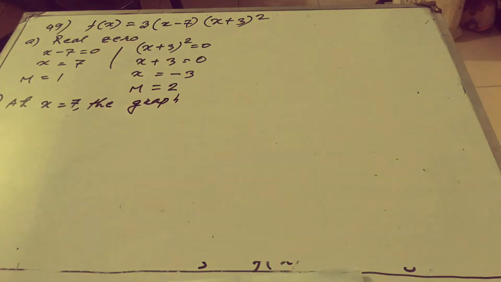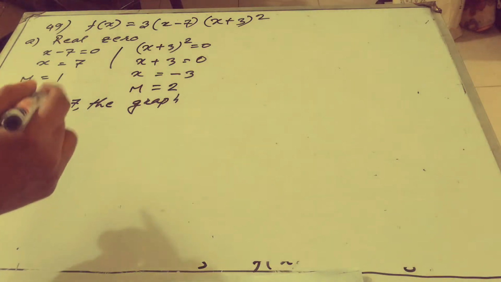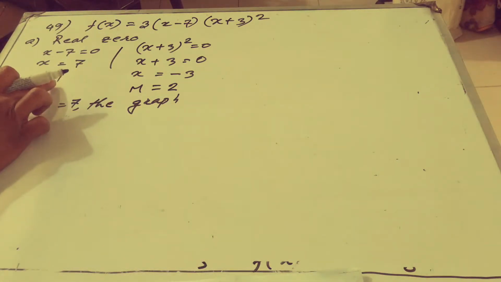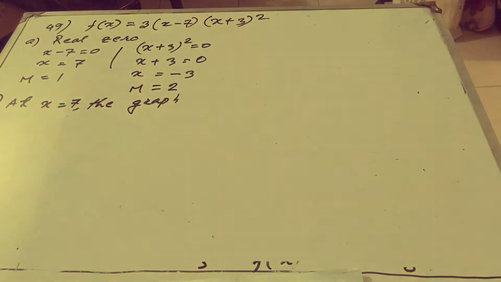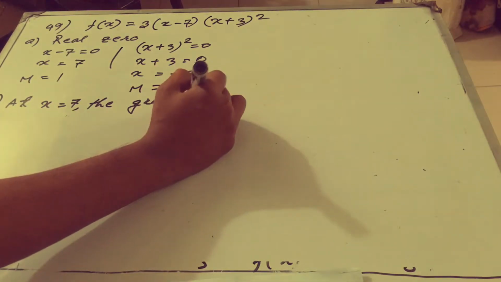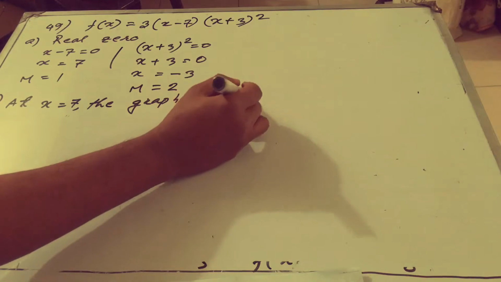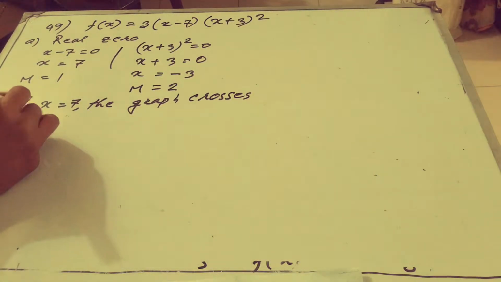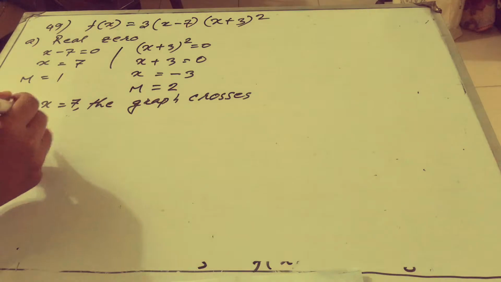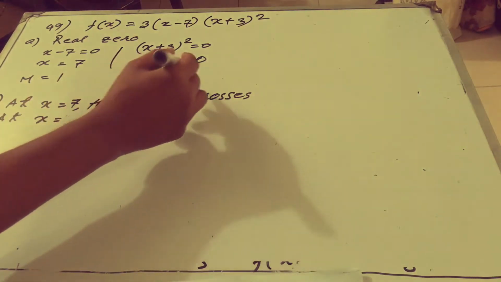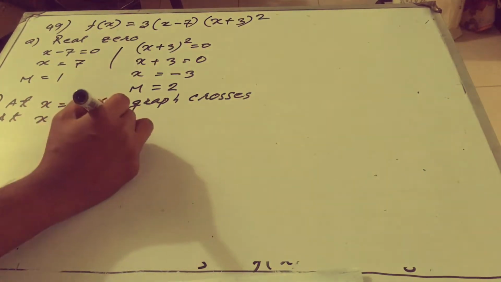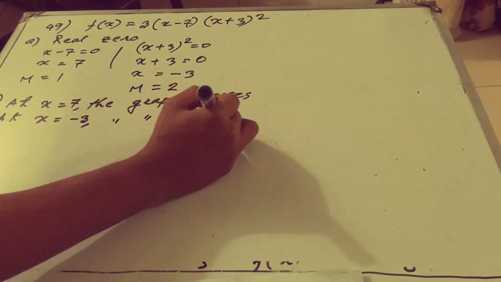The rule that works in this section is: if the multiplicity is odd, then at that point the graph will cross. And if the power is 2, then the graph will touch. So at x equals minus 3, the graph will touch.